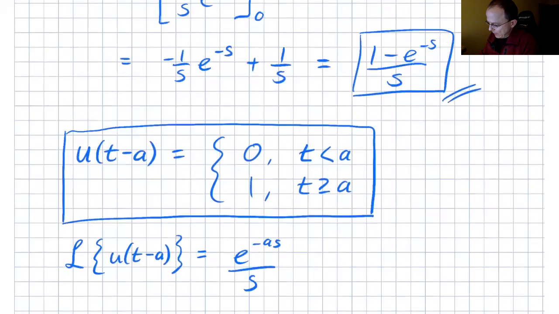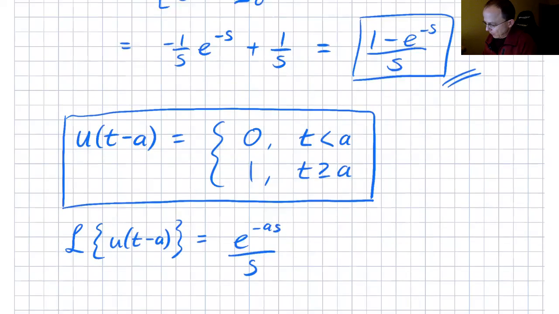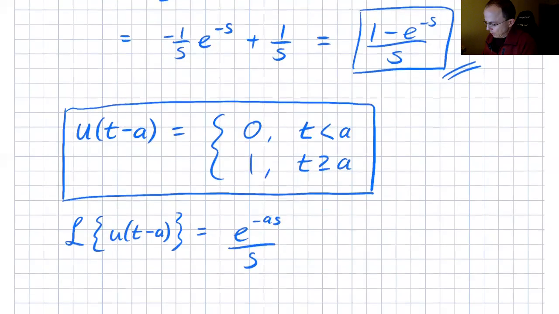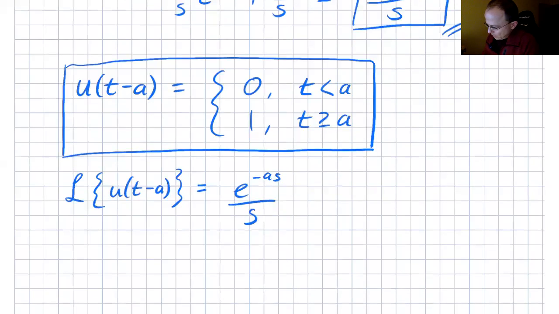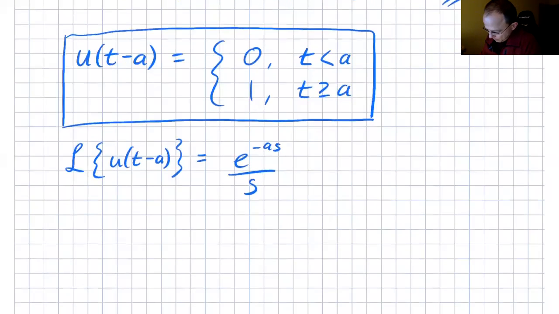There's the e to the negative s over s, and we actually have these two terms. So we have 1 over s, which is 1, and then we have minus e to the minus s over s. So that'll be a minus this unit step function.